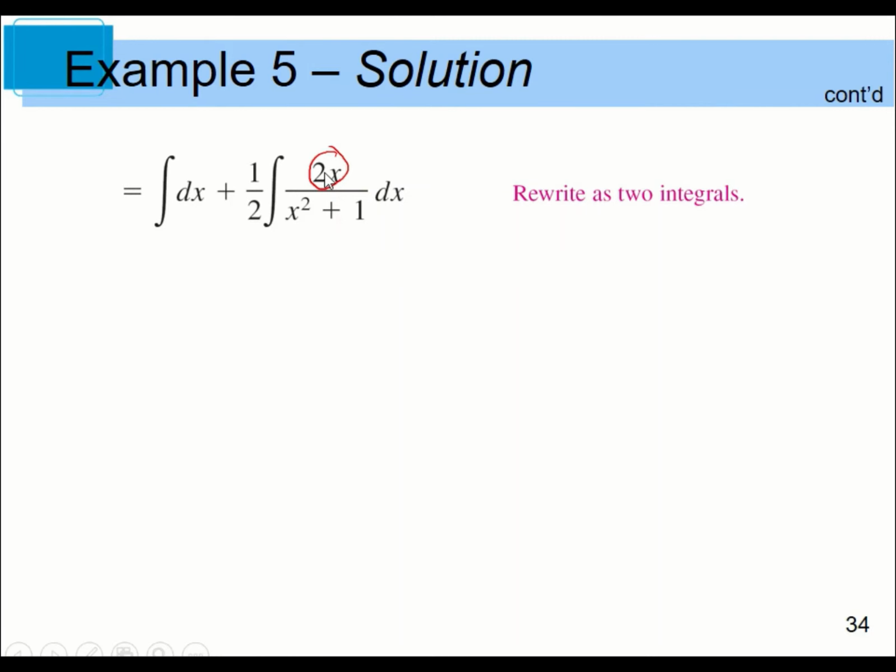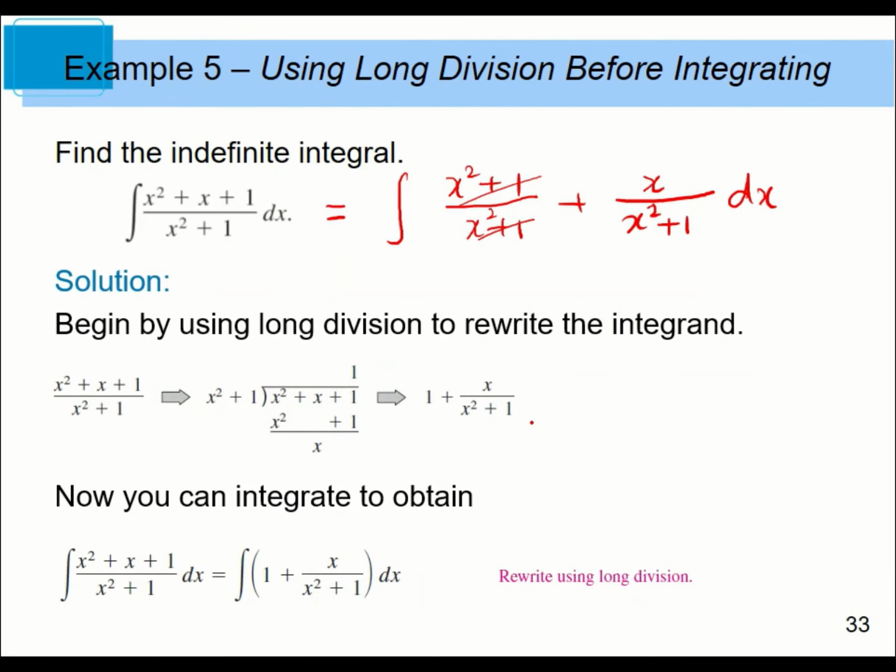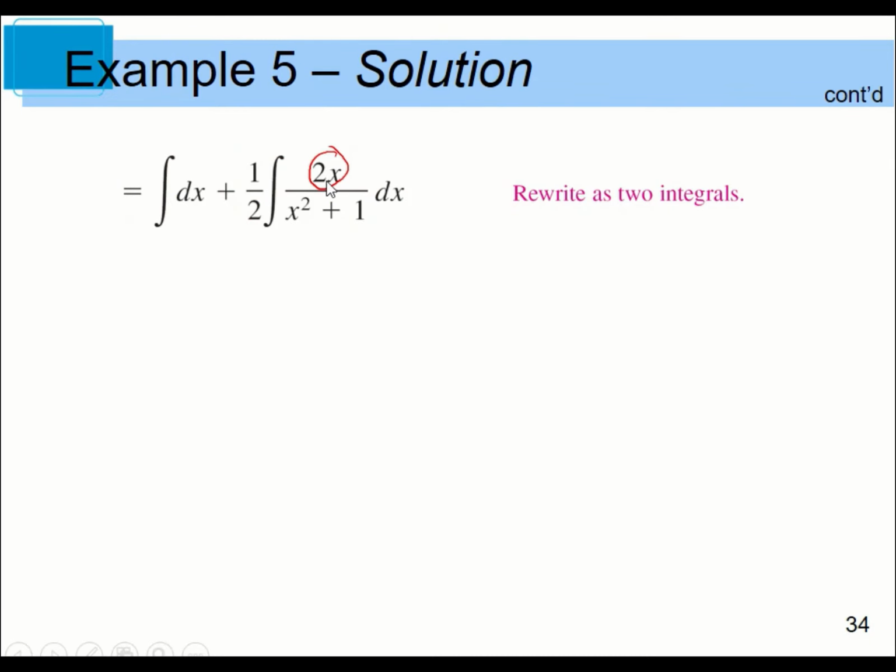Now we have to balance it, so we divide by 2. We add the 2 because we want to make this the differentiation of the denominator, and when we add 2, we need to divide by 2 to balance out. So we have 1 over 2, 2x over x squared plus 1. Now integrating this one gives us ln of x squared plus 1 plus c.